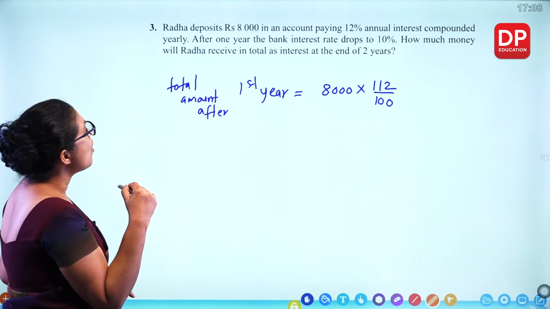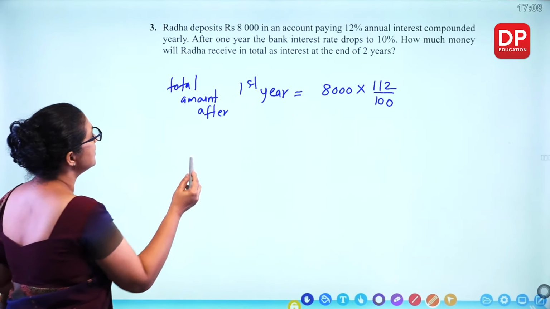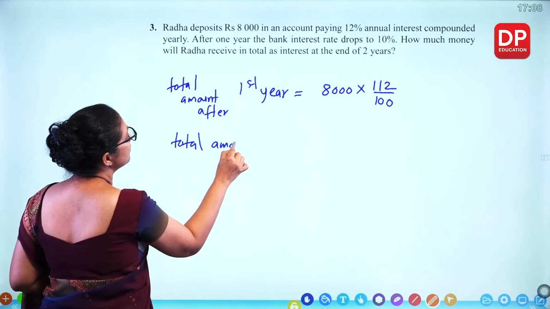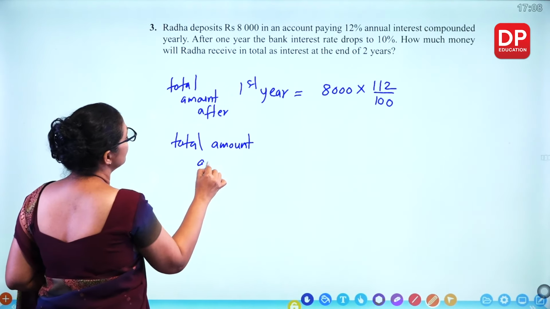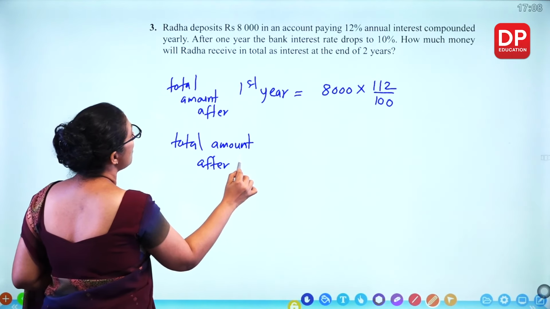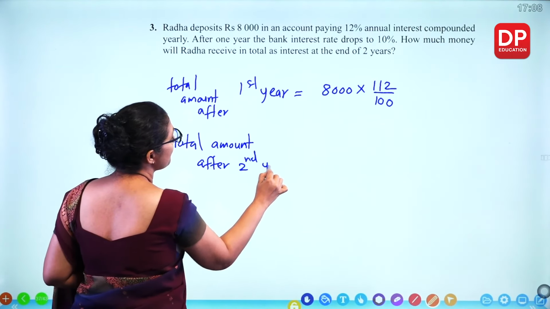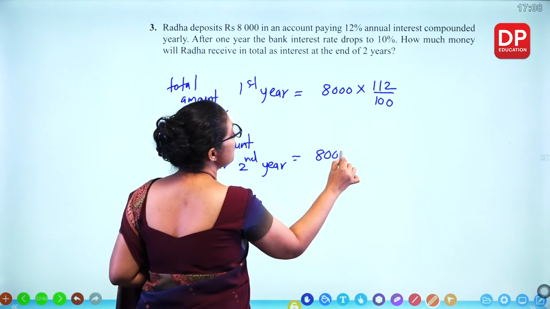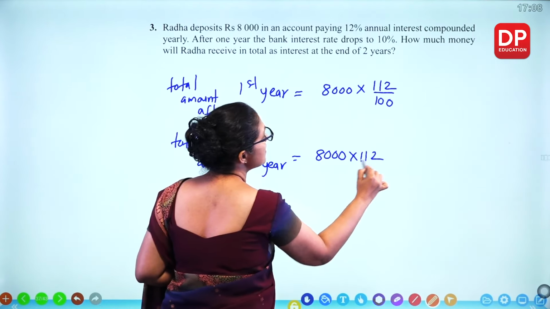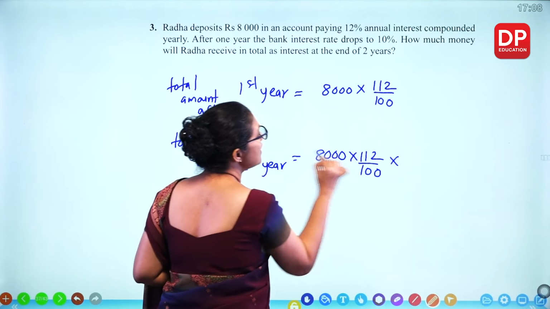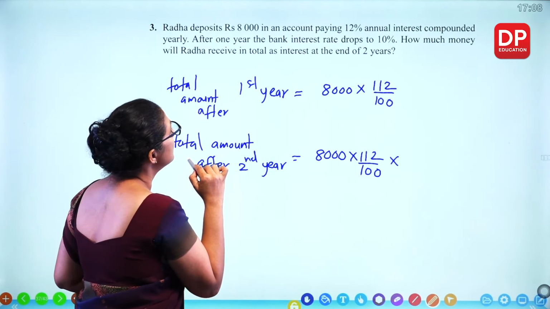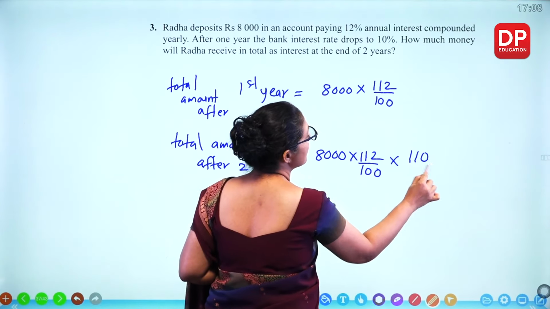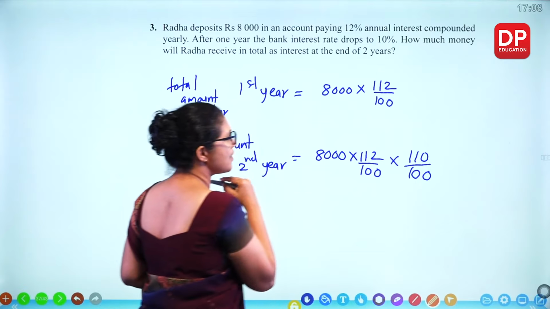So what's the amount after the second year? So total amount after second year. Now initially after first year, this is this, and for the second year this is 110 over 100.